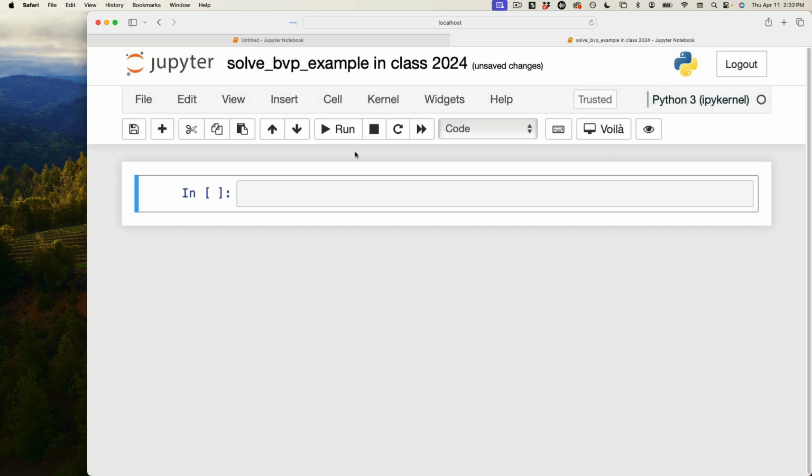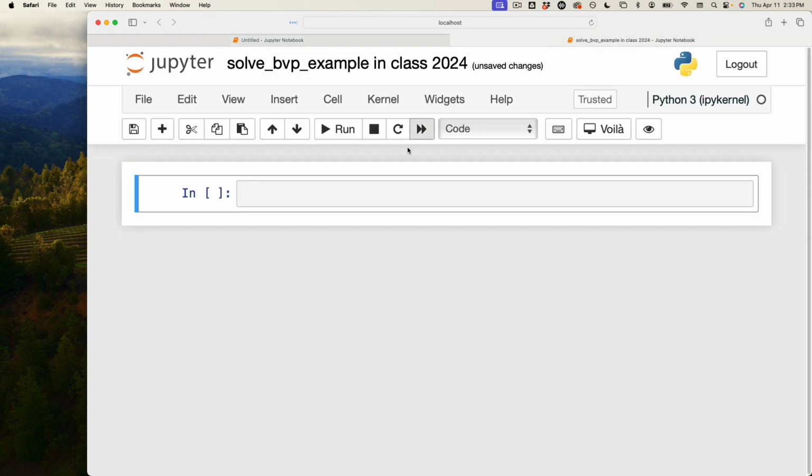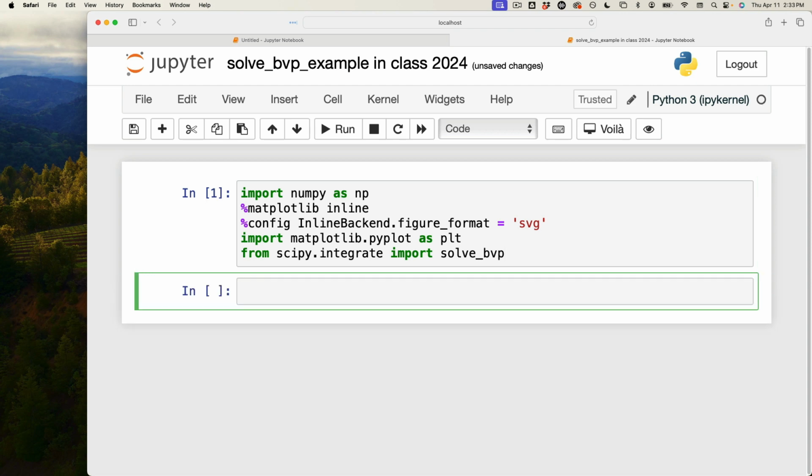I'm going to copy and paste everything from a previous notebook, but from scipy.integrate, I need solve BVP. I'll give you a minute to catch up, and maybe I'll move my slides over here so we know what we're doing.